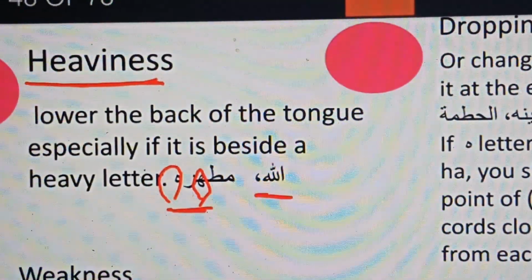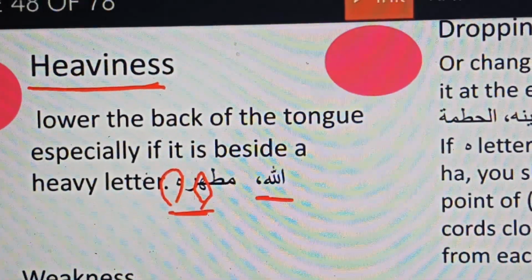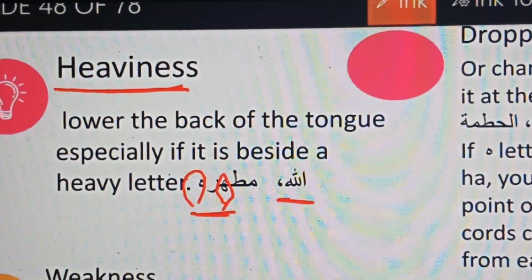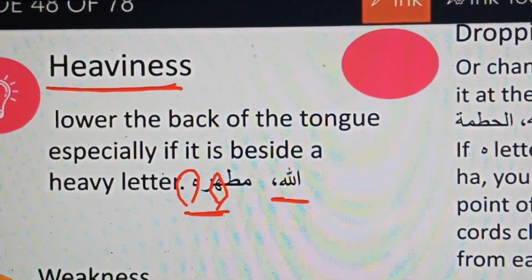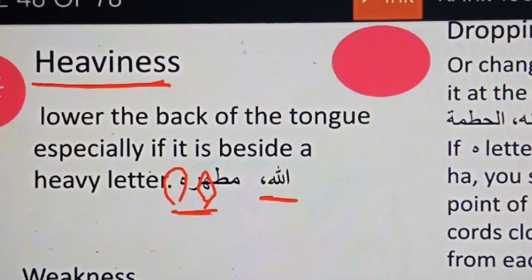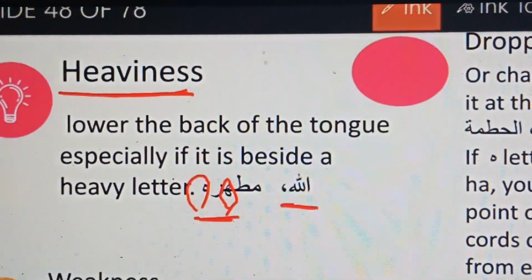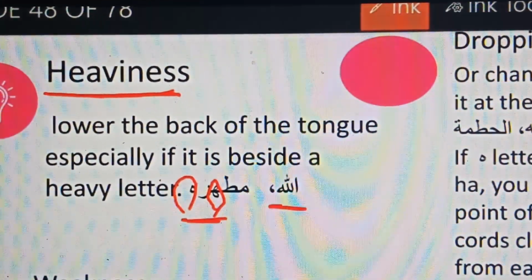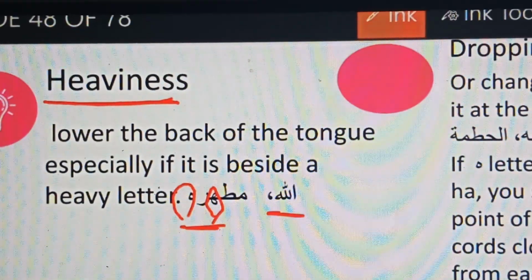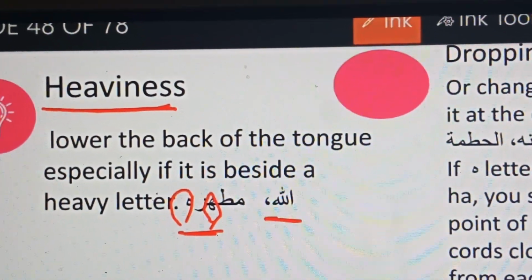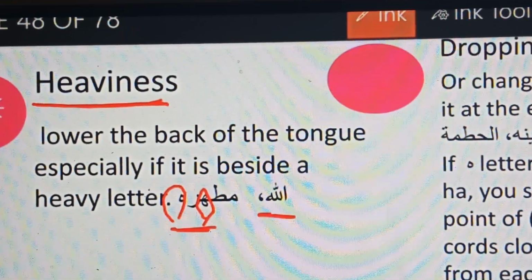Then the sound will be like mutahhara. That is a perfect reading. So this is from the common mistakes that may happen on the ha, and the heaviness should be neglected.